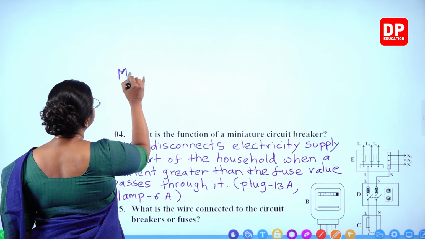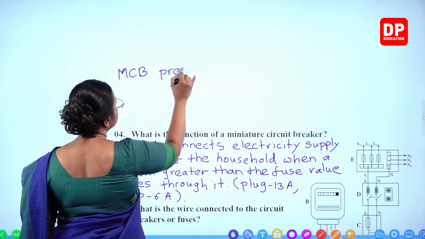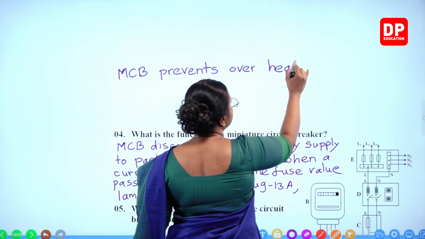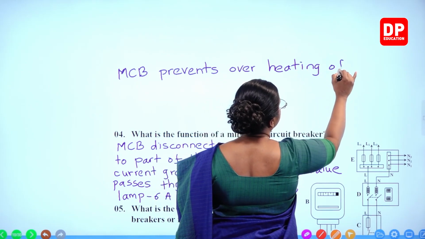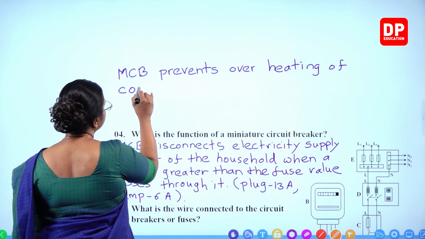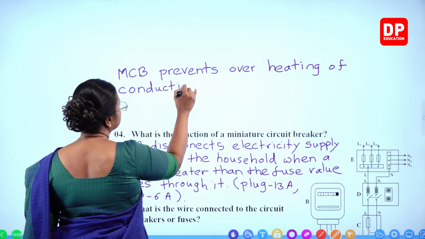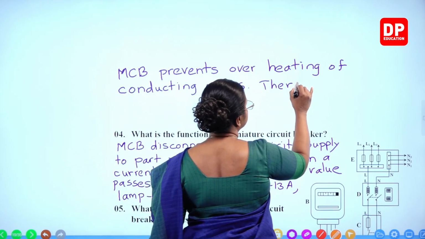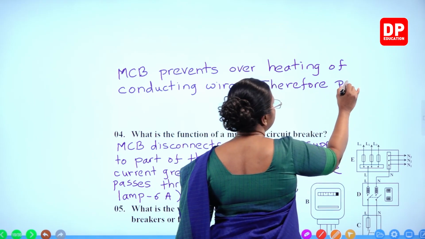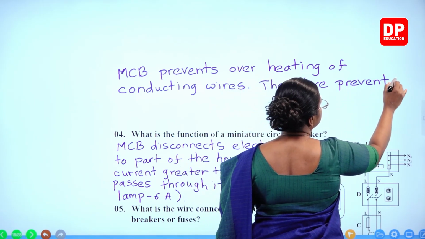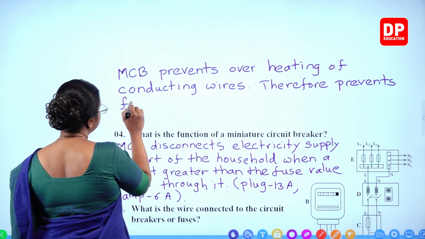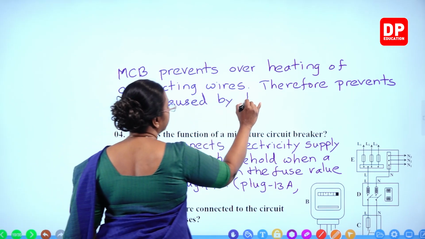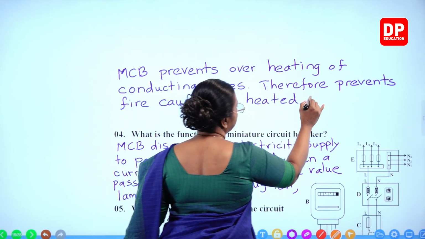So MCB prevents overheating of conducting wires, therefore prevents fire caused by heated cables.